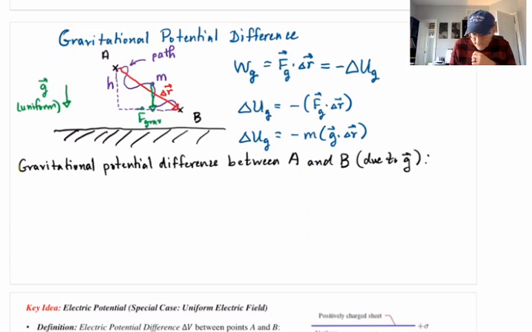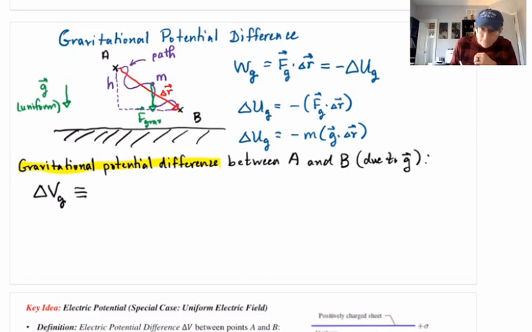Gravitational potential difference. And let's even introduce a notation for it. Difference, delta V grav. Difference in gravitational potential between points A and B.